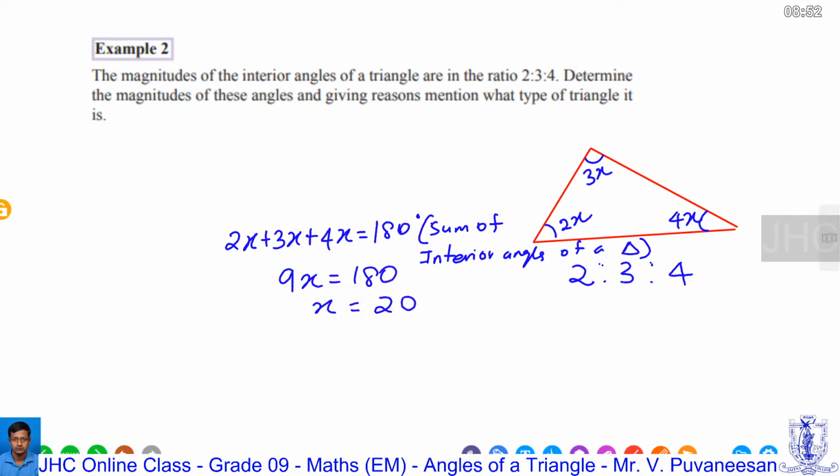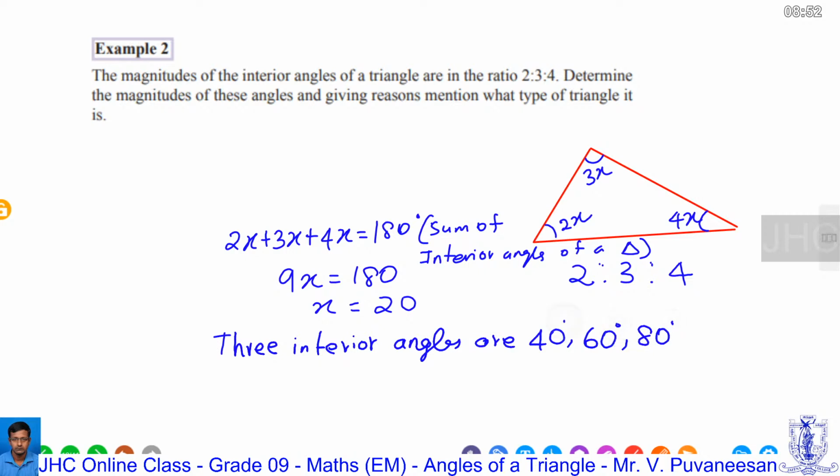So the angles, which are the angles? Three interior angles are how much? 2x is 40, 3x is 60 and 4x is 80. Okay, 60 degree, 40 degree, 80 degree.